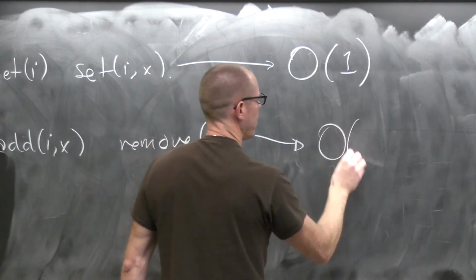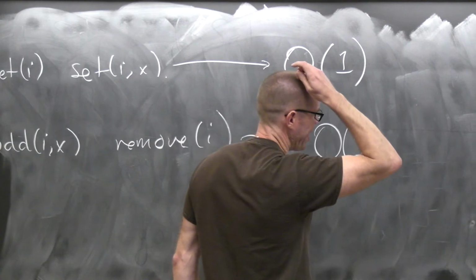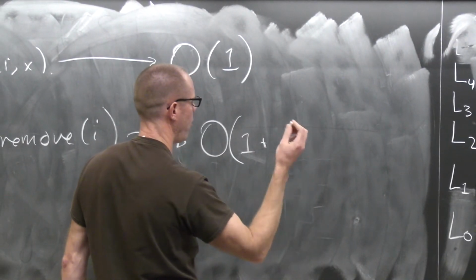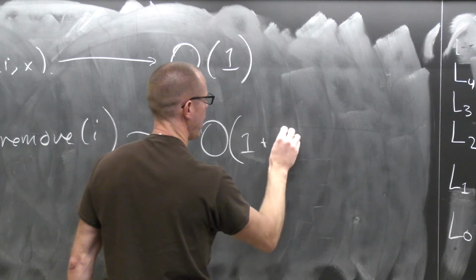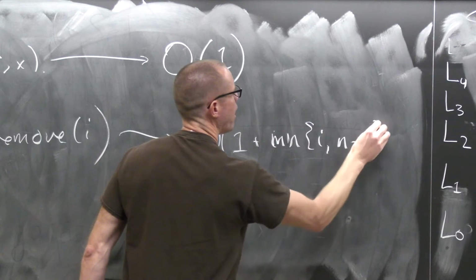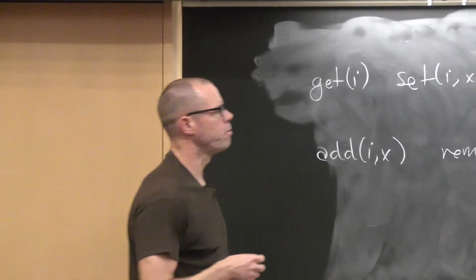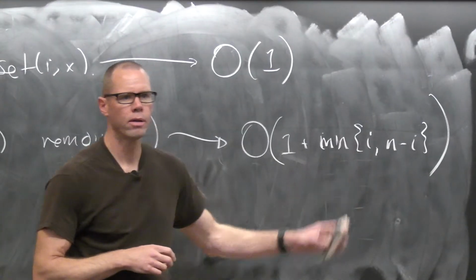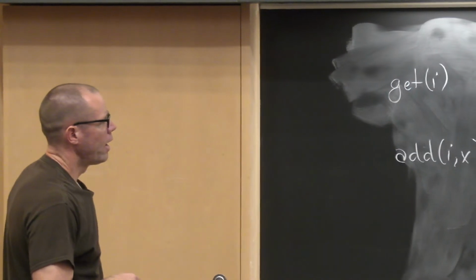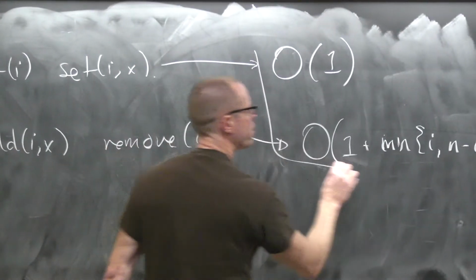If you use some kind of double-ended circular array implementation, then you get something like the min of i and n minus i. So again, if n is 1,000,000, this could be as big as 500,000. It would be nice to get that down somehow. And this is all using arrays.